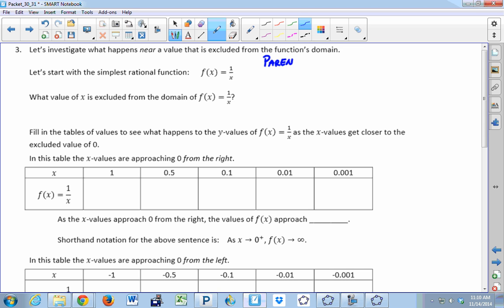It's a basic function, but it has another name because of what it does to every x. No matter what x I put in here, what's going to come out of my function machine? How could you describe the relationship between the input and the output? There's a word for it. Caitlin? The reciprocals, right?